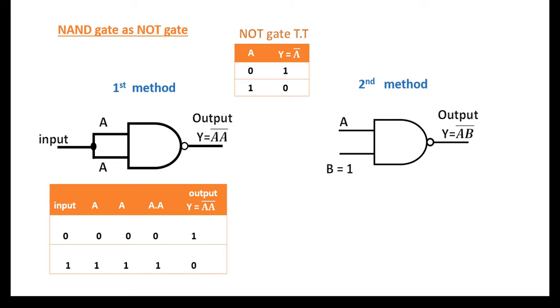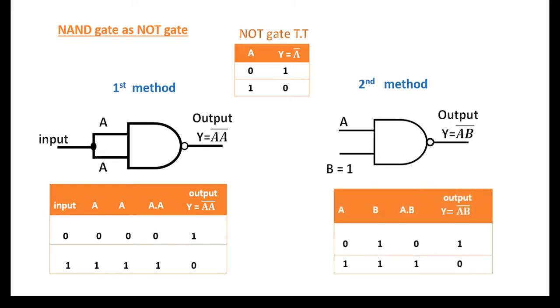In this method, any one of the inputs of our NAND gate will always be high. I have kept B as high here, but you can keep A as high also. The output will be the same. So let's verify this by using the values of our inputs A and B. If the value of input A is 0, B is 1, because we are not going to change the value of B here.